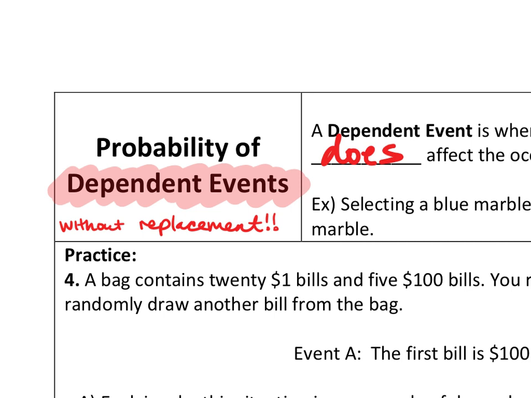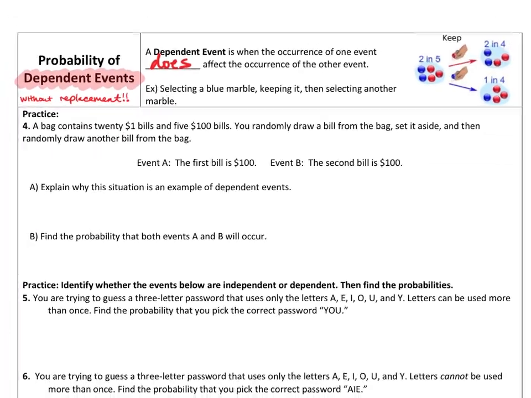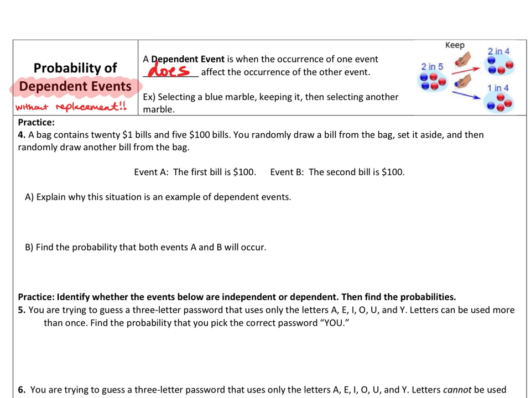So for example, number 4. A bag contains 20 $1 bills and 5 $100 bills. You randomly draw a bill from the bag, set it aside, and then randomly draw another bill from the bag. Explain why this situation is an example of a dependent event. What's the key words to tell you that it's dependent? Set it aside.